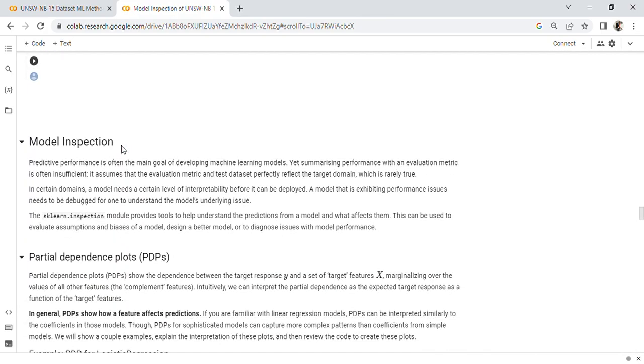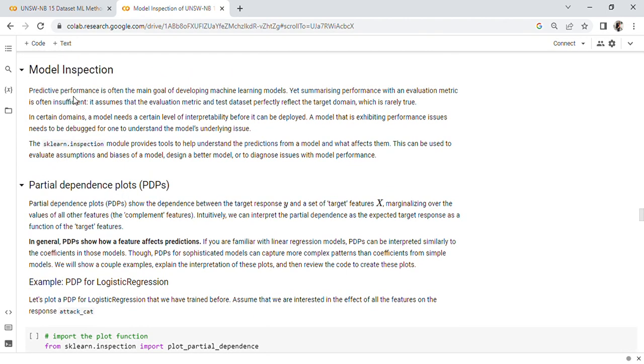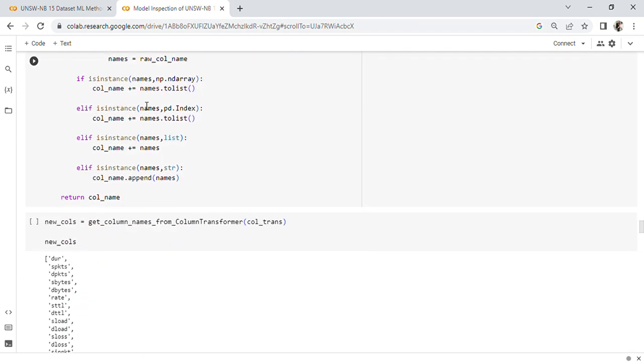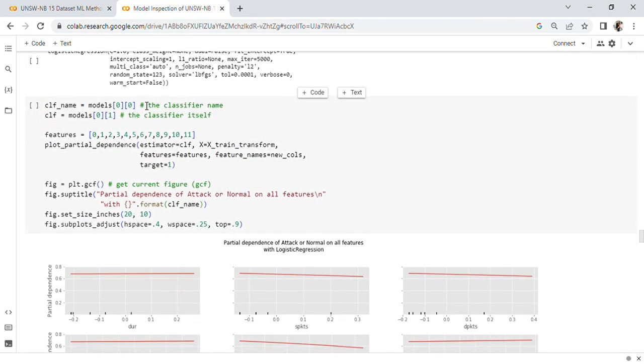So here we are going to inspect our model. In the inspection, determine which model should be used to classify category attacks and network intrusions on the IoT network. Also discover relevant features for model inspection. So here you can see the result.